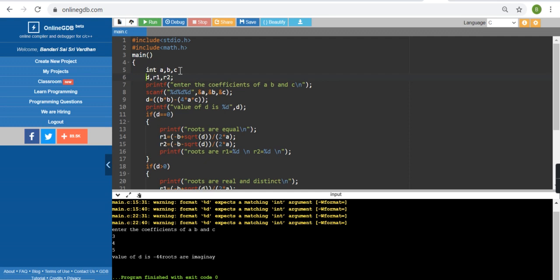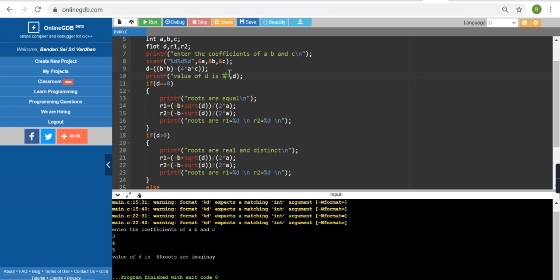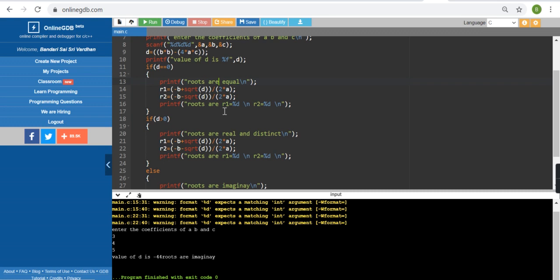There are some decimal values, so we have to declare these variables as floating point so that we will get the values as floating point. %f, wherever we use, we have to use %f.